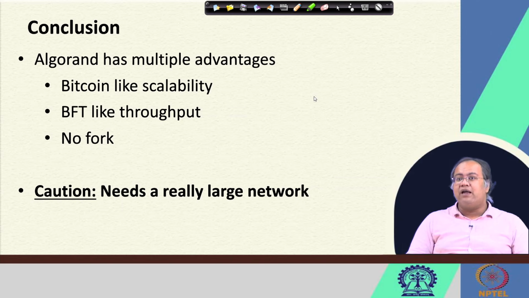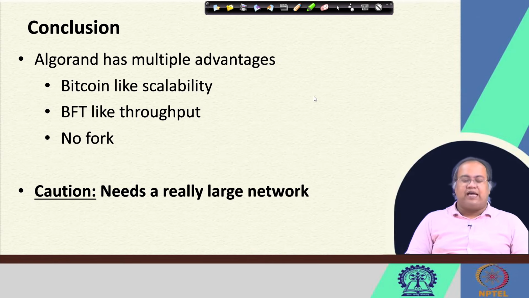On the other hand, regarding the network, it assumes that an adversary cannot hold the network for long. If you have an application where an adversary can hold the network for long, then possibly Algorand is not the best choice there.